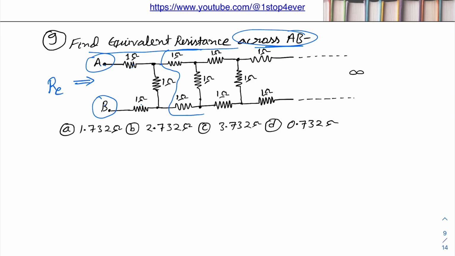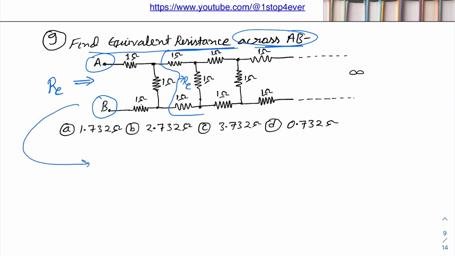Then this will also be R equivalent, because it is an infinite series. There will be a negligible change in the value of R equivalent if we disconnect the first part. So it will also be R equivalent.